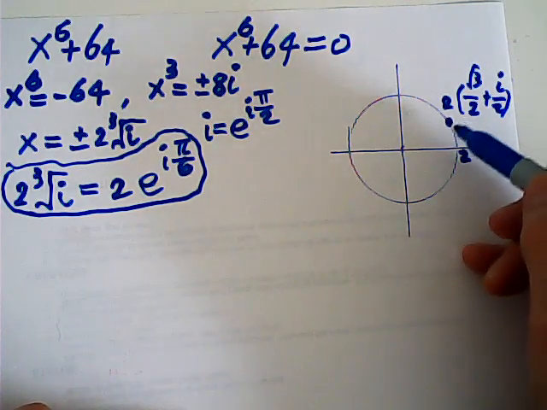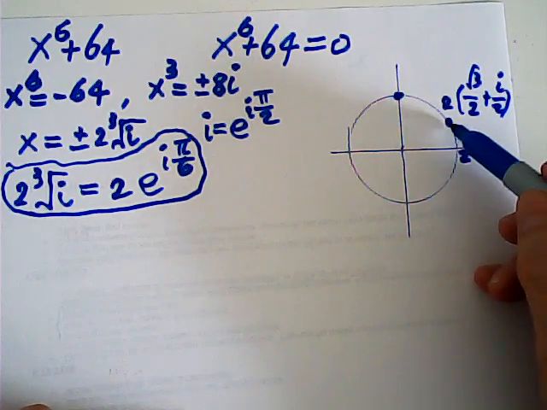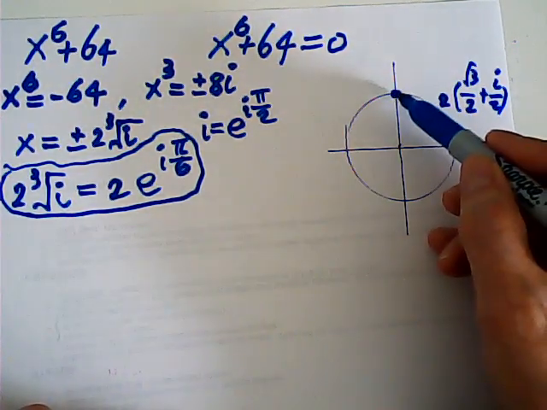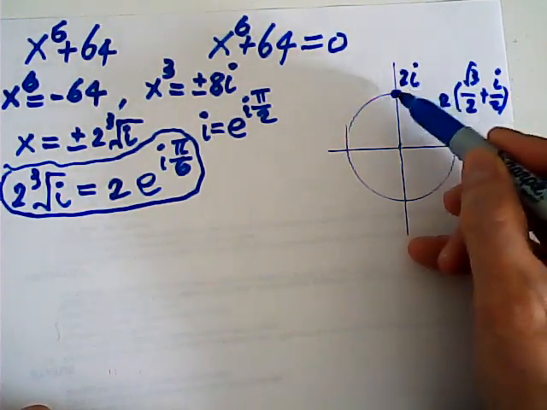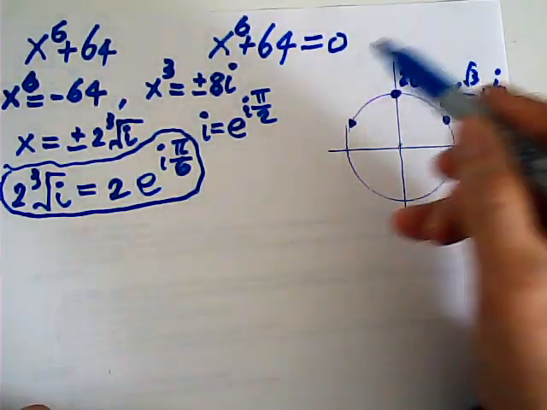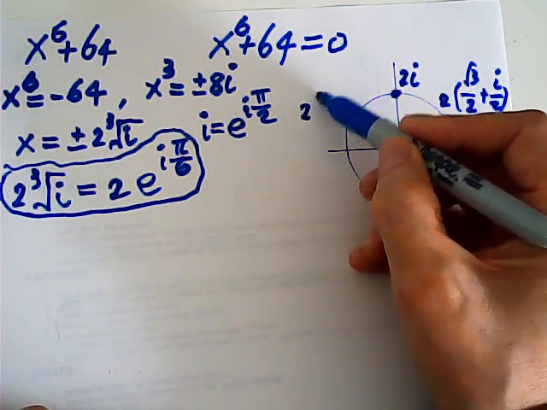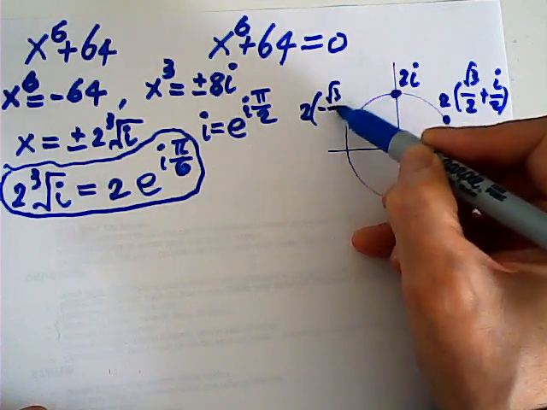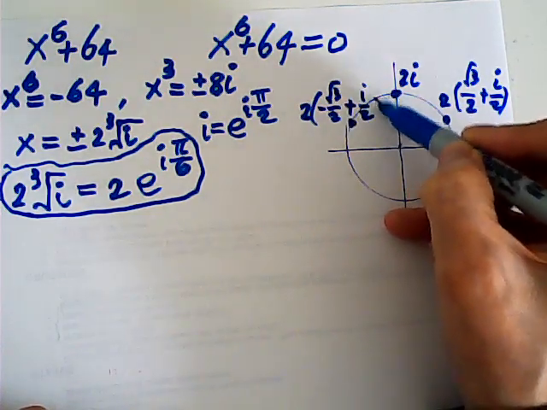And you add 60 degrees again. Pi over 6 is 30 degrees. Then this is 2i. Then 60 degrees again: this one is 2 times negative root 3 over 2 plus half i.